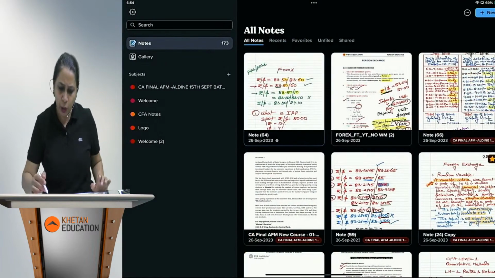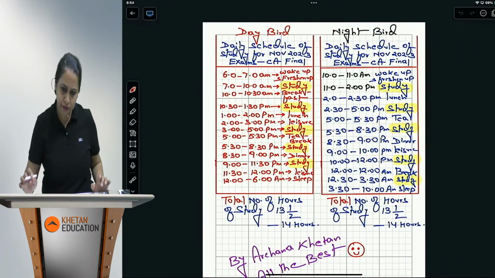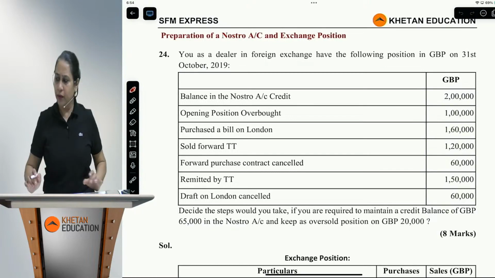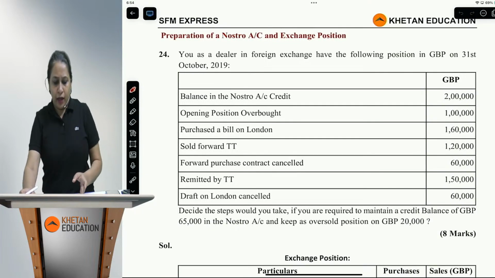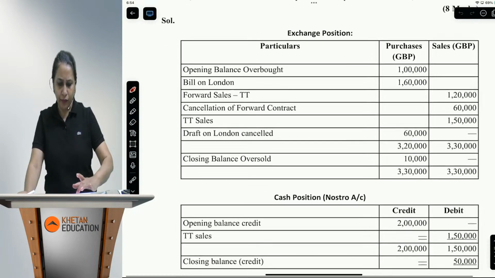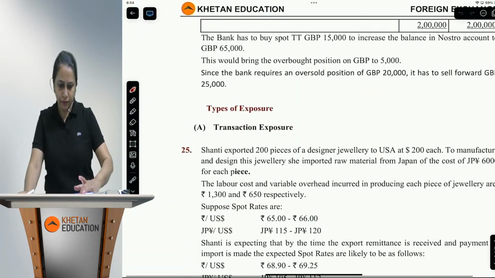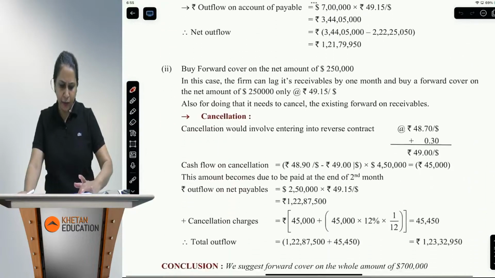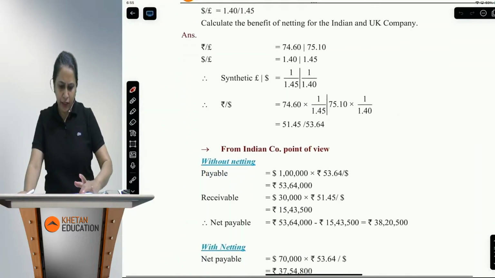Let's complete the question, guys, now. This is the easy question. Then leading and lagging is there. Netting is there.